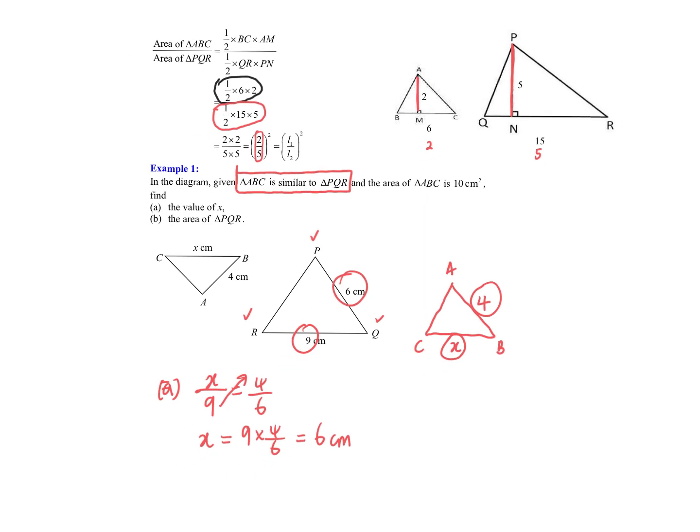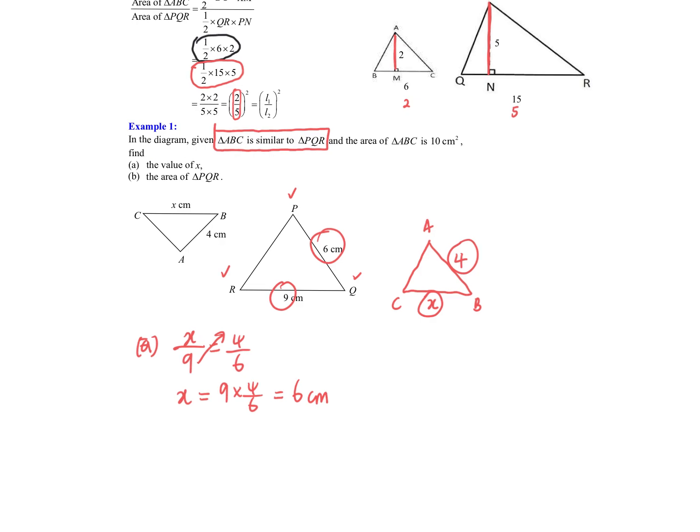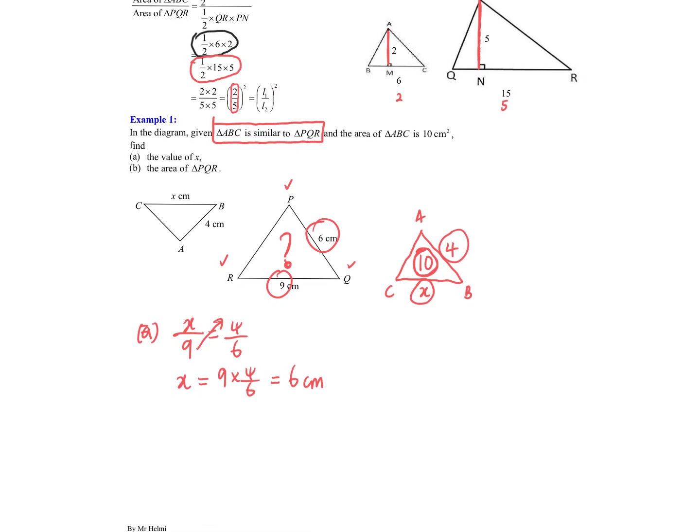So that's X. But they tell me that the area of this thing is 10, and I want to find the area of this. They don't give me the base, and they don't give me the perpendicular height. So technically I cannot do much except compare the ratio.